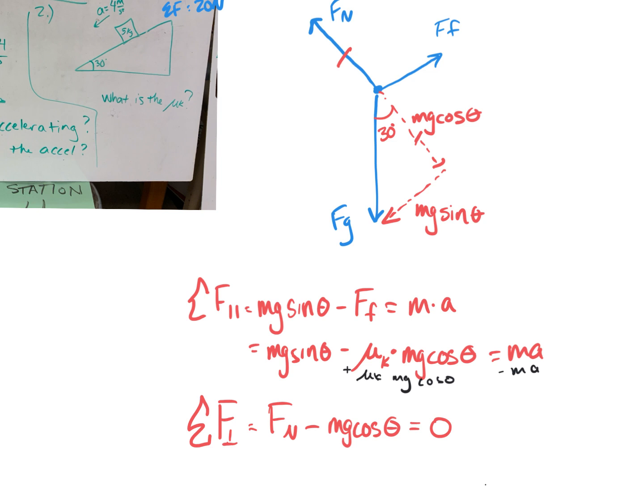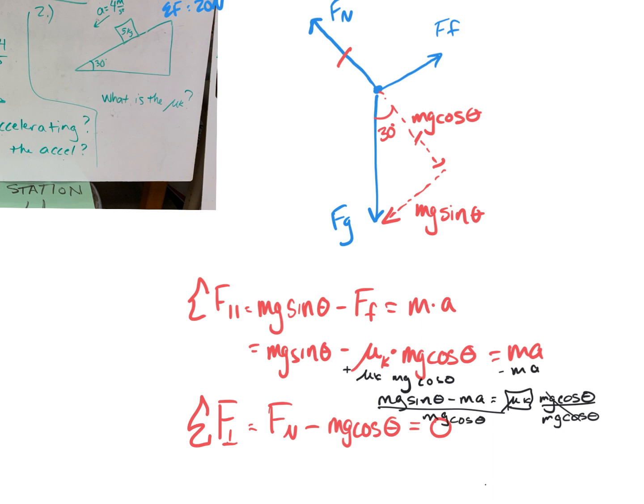Then I'll end up with mg sine theta minus ma equals mu sub k mg cosine theta. Well, I want to get rid of that mg cosine theta, so we're just going to cross that out. Now I'm left with just mu k. But I've got to divide all of that over here too.